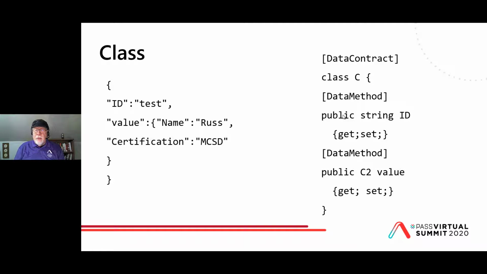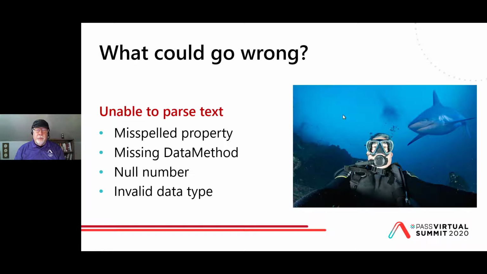Okay, when you get down to the value, you're going to create another class, C2, and it's going to have its structure. That name C2 can be anything. Now, value and ID, those names are important. You have to get those right, or else you're going to have to adjust some things to make it work right. Okay, so what could go wrong?